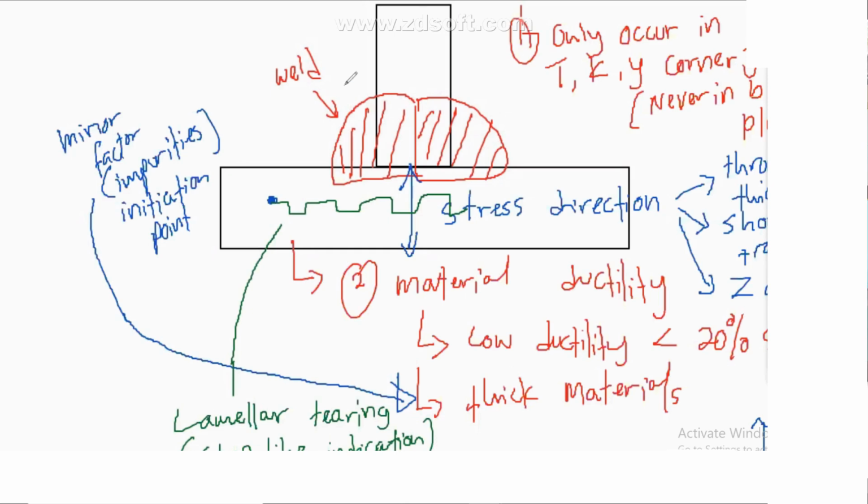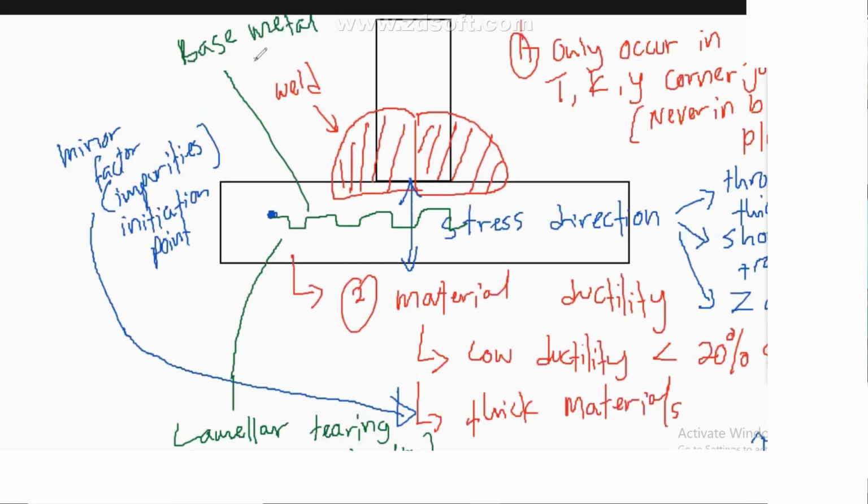So this occurs during welding, and it occurs only in the base metal. Base metal cracking. Not in the weldment, not in the HAZ. Okay, clear about this?